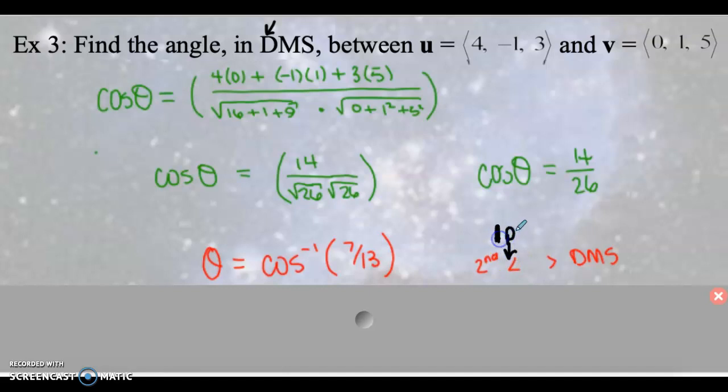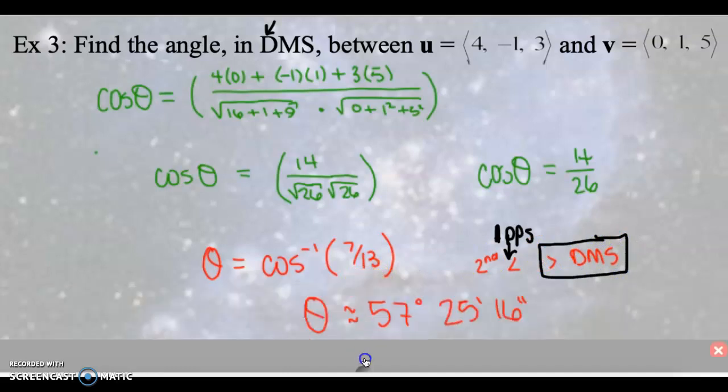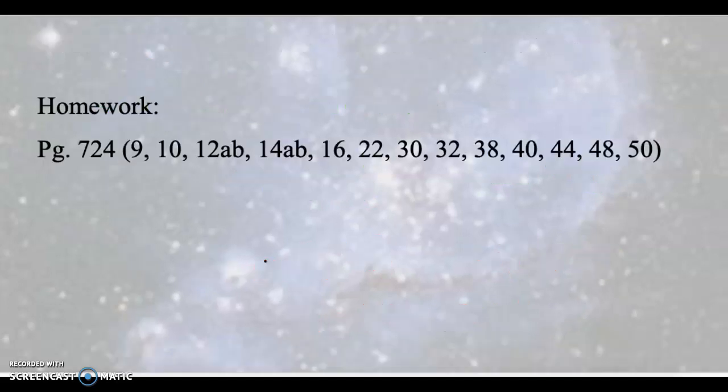So we're going to hit the second and then the apps button, and then we're looking for this symbol, changing our answer into degrees, minutes, seconds. And what you should get is 57 degrees, 25 minutes, and 16 seconds. If you have 15.707 seconds, even better.